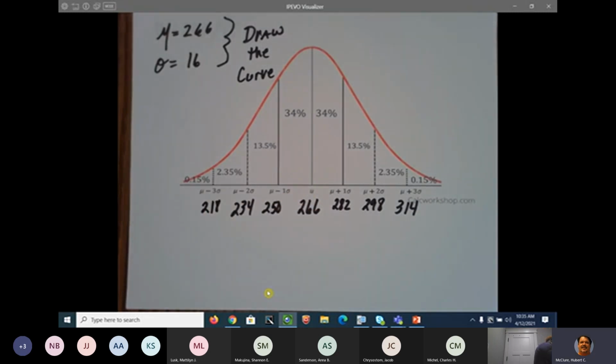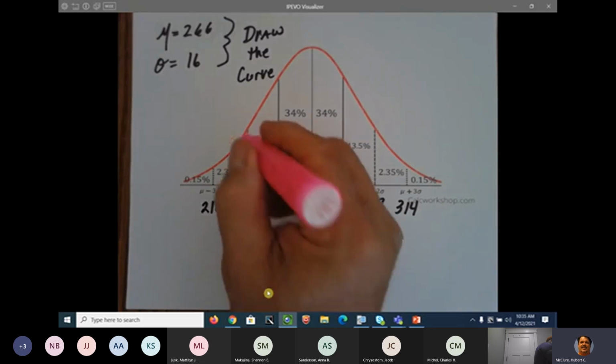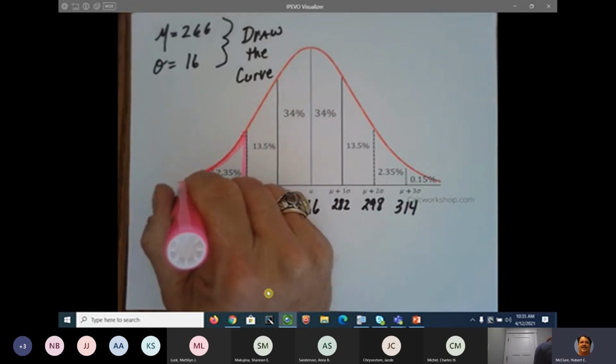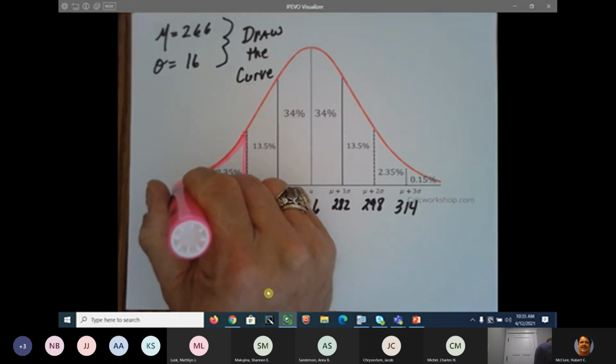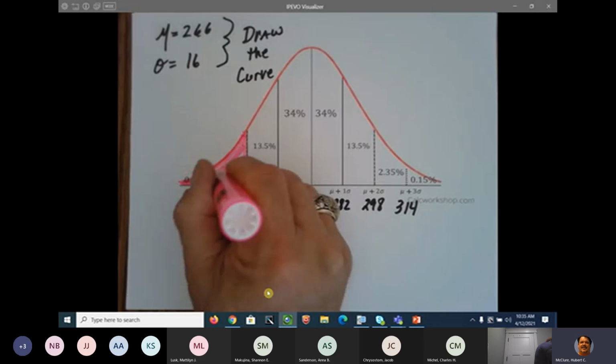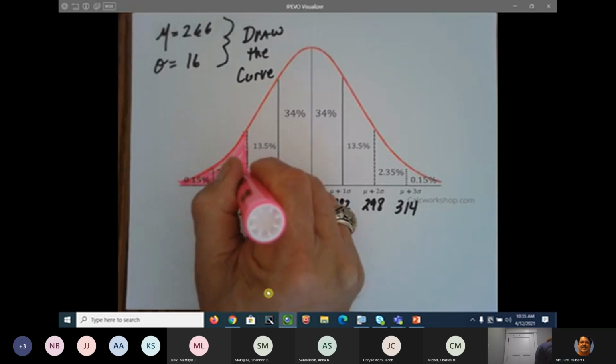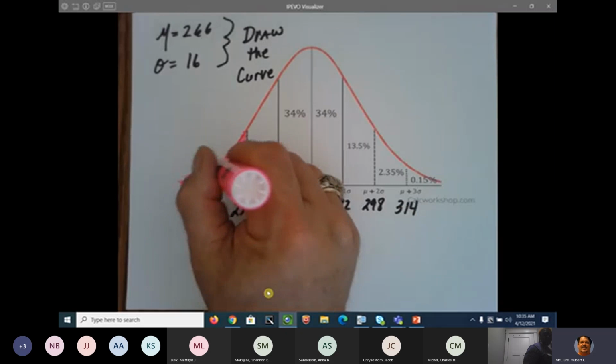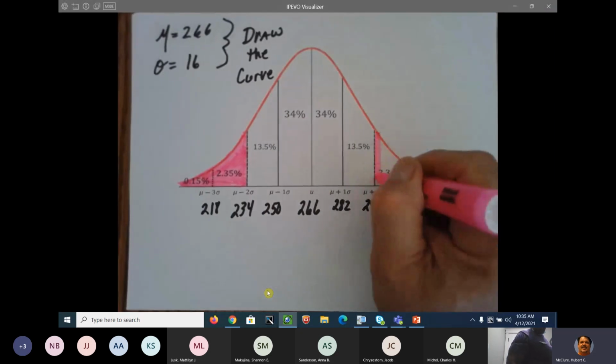And I'm going to take my red marker and color this area because we know that is unusual. And we know this side is unusual.